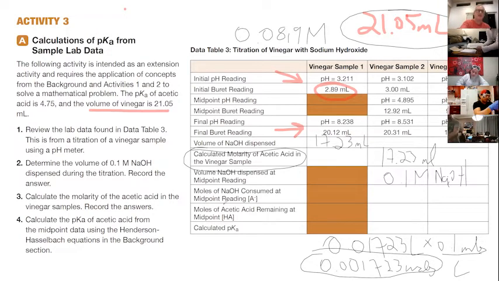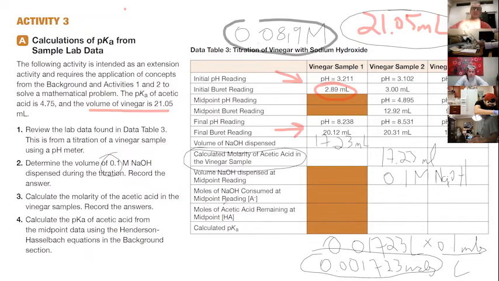Even though they only give you one here, I would probably just use 2. So that would be the molarity of acetic acid in the sample. Actually, since you're doing more calculations with it, I would just use this for right now. So 0.0819 molar. Oh, it looks beautiful. 0.0819 molar.